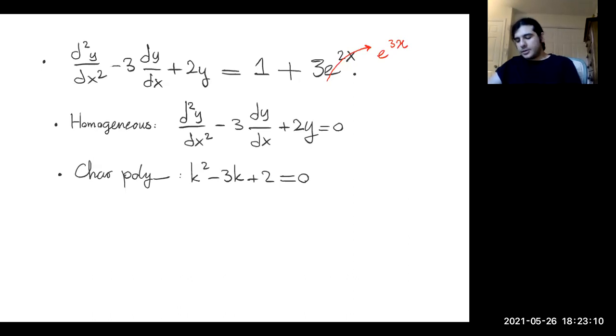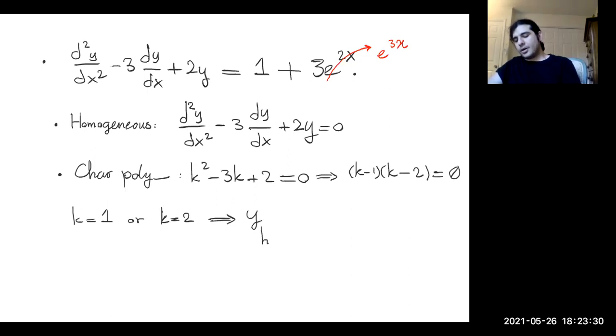The solutions to this equation are, well, (k minus 1) times (k minus 2) equal 0. So k is equal to 1 or k is equal to 2. So the general solution for the homogeneous part is a linear combination of e to the 1x and e to the 2x. So it would be c1 e to the x plus c2 e to the 2x.